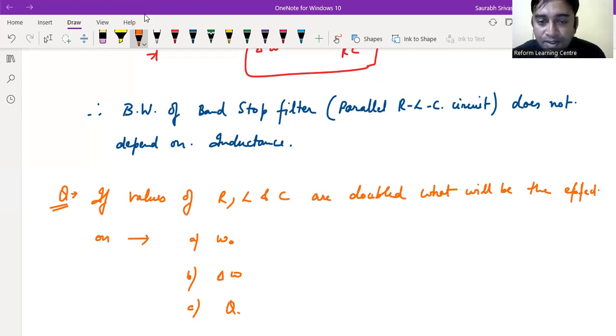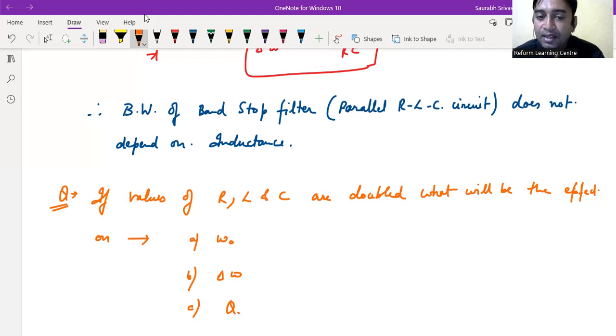In this question, it is not described whether it is a series or parallel circuit. बताया है क्या? नहीं बताया. If not mentioned, we will consider it to be series. R, L, and C are in series.